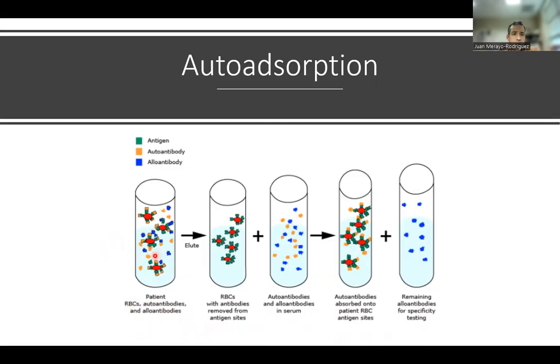The green boxes are the antigen, the autoantibodies are yellow dots, and the alloantibody will be the blue dots. You can see that the antigens are still attached to the red cells, and all the autoantibodies or alloantibodies will be in the supernatant. Then you can do autoantibody adsorption to the patient's red blood cells, and what is left in the supernatant will be the alloantibodies, if any.